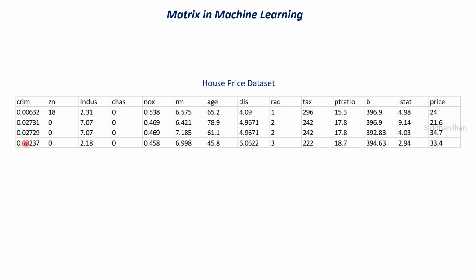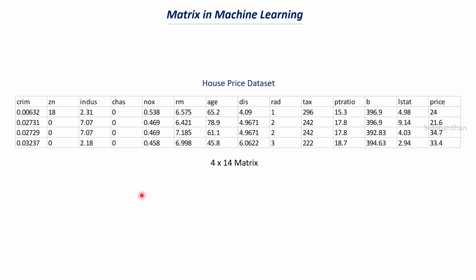This sample data contains four rows and multiple columns. When you count, we know that this is a 4 cross 14 matrix, containing 4 rows and 14 columns. Any data set you take in machine learning can be considered a matrix. So all the processing and computation that goes on in a machine learning model over this data will be in the form of the matrix operations, which we are going to discuss.